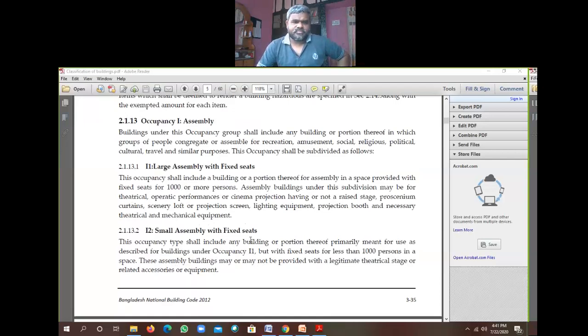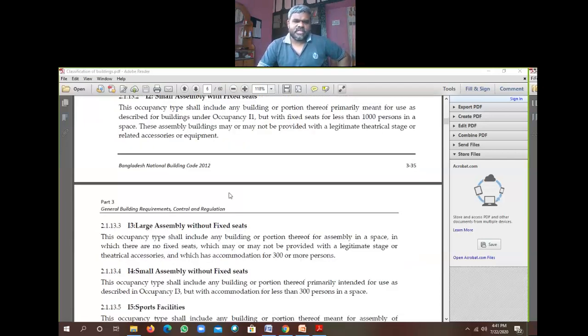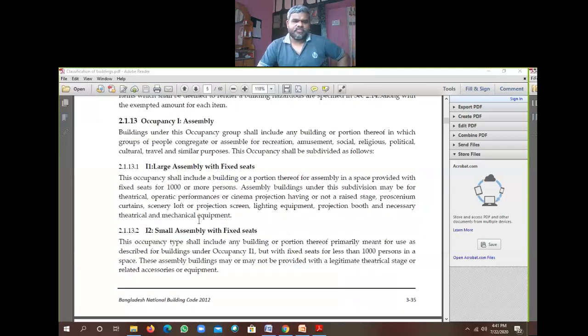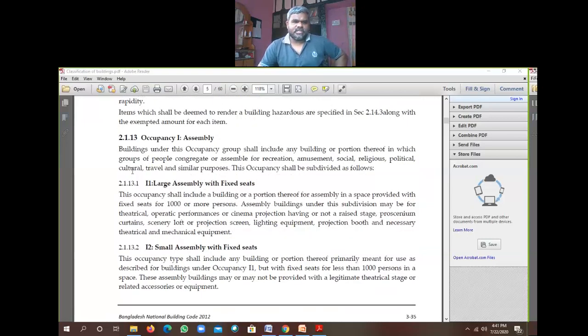Next is assembly buildings. Assembly buildings are further classified into four categories like I1, I2, I3 and I4. Buildings under this occupancy group shall include any building or portion thereof in which a group of people congregate or assemble for recreation, amusement, social, religious, political, cultural, travel or similar purposes.